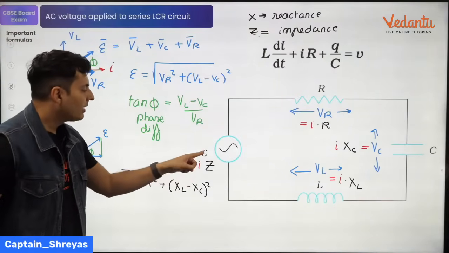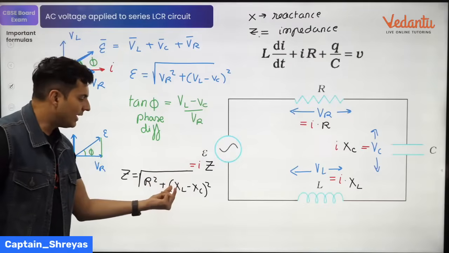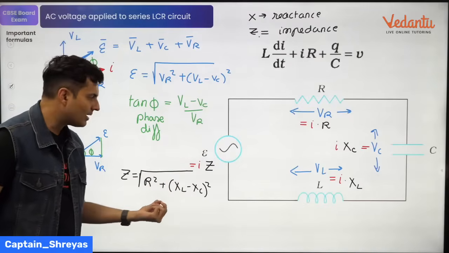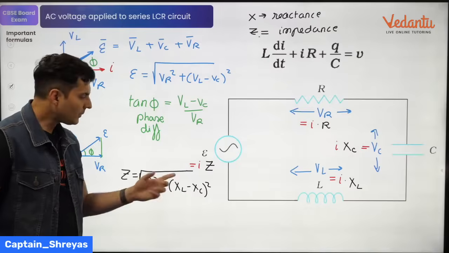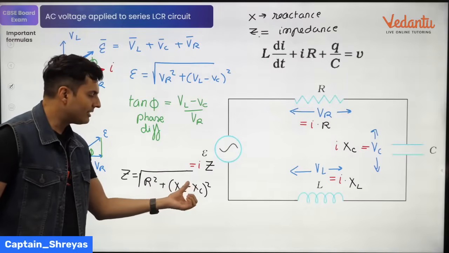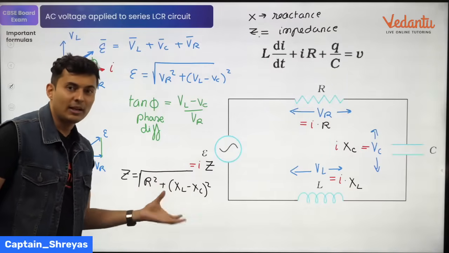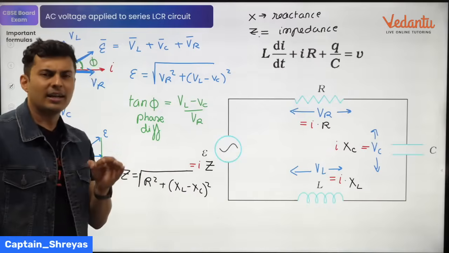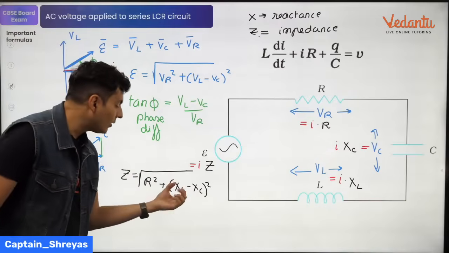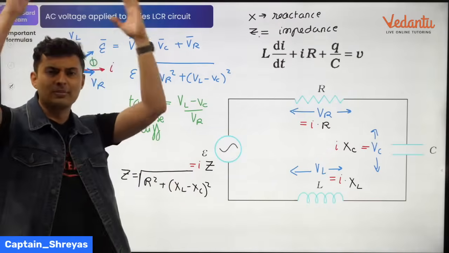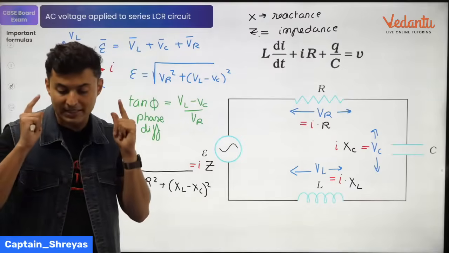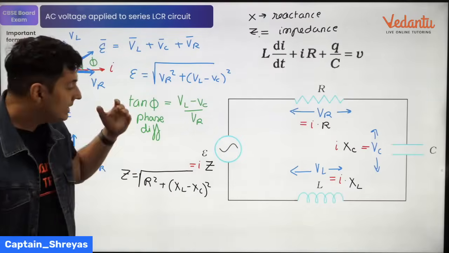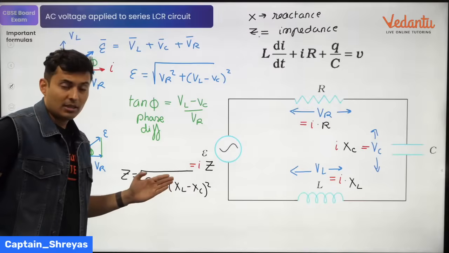Like you can see, for a given voltage, if I change XL or XC, current will change. If I change omega, I will see current will change because Z will change. So there is an angular frequency for which the current is maximum.